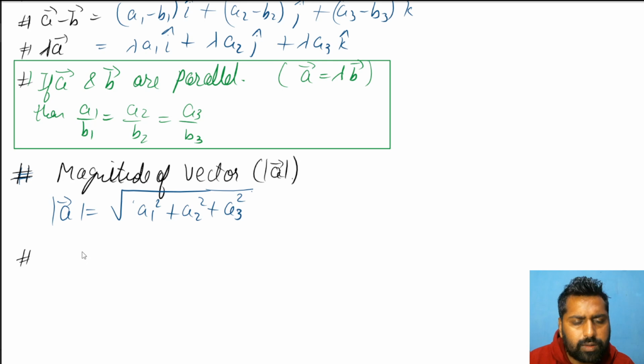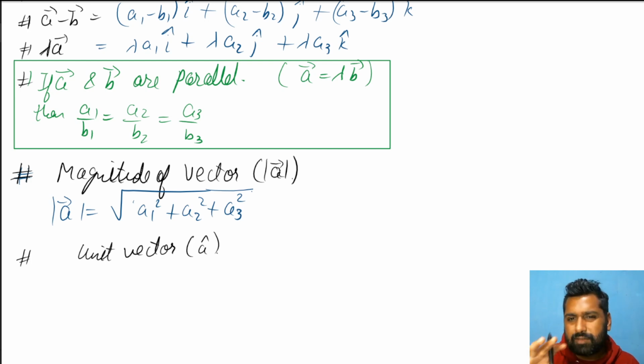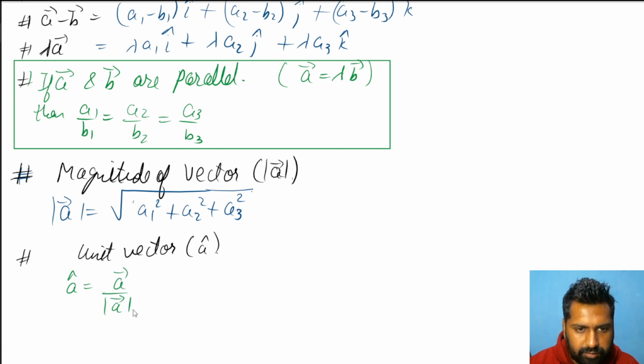Suppose you want to calculate a unit vector. We have understood that a unit vector is a vector which has 1 as its magnitude. But how do we calculate that? Suppose you have a length 5. If you want to make that 1, you divide it by 5. 5 divided by 5 is 1. So if you want to make something 1, you divide by the magnitude of the same quantity. If I want to generate a cap, the unit vector of a, it will be a vector divided by magnitude of a.